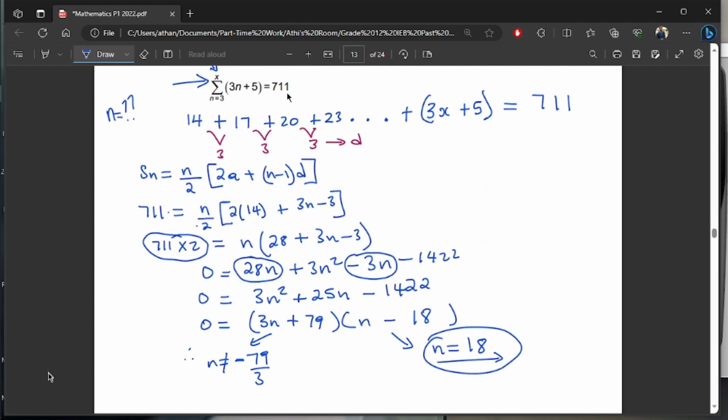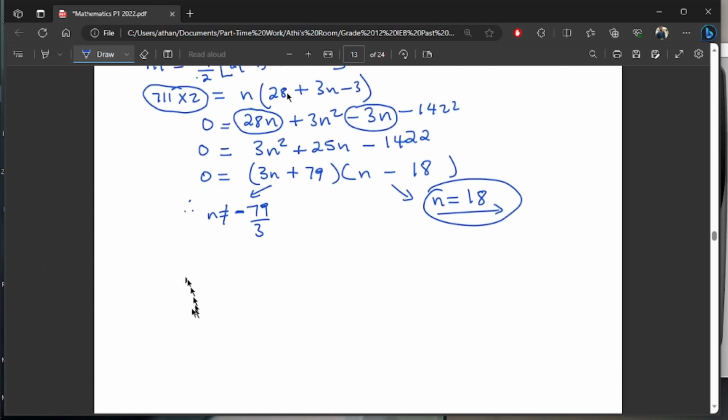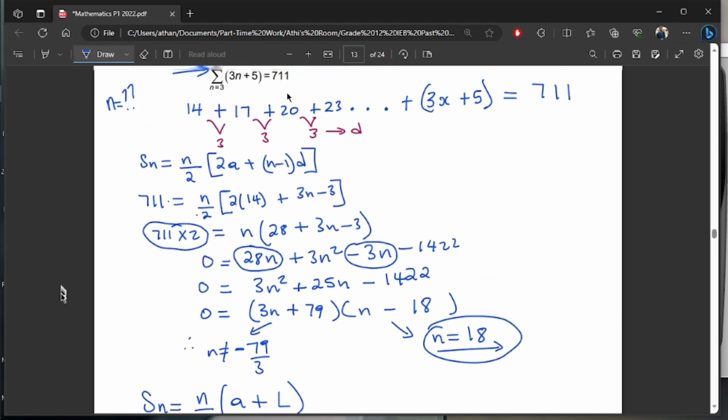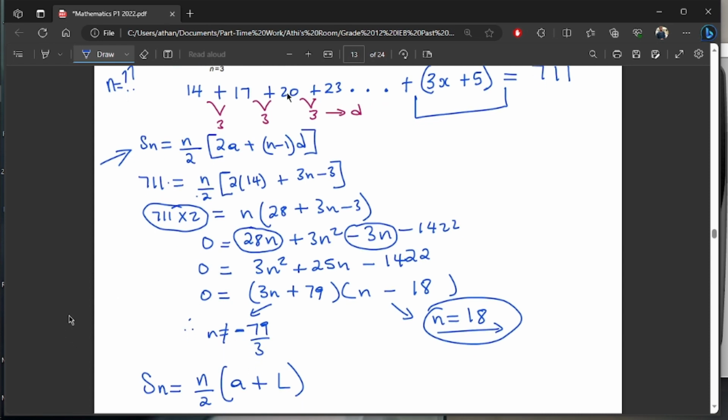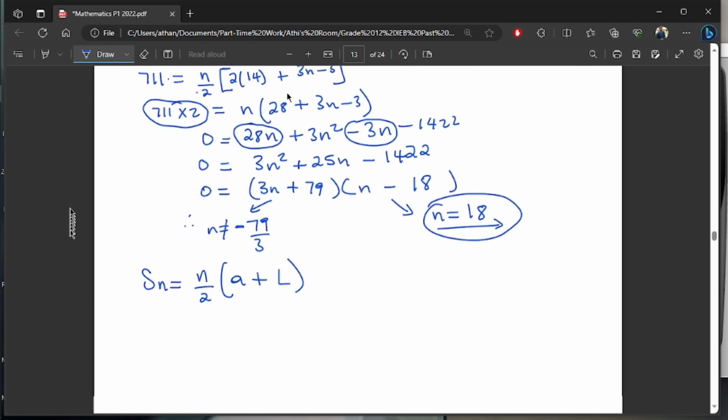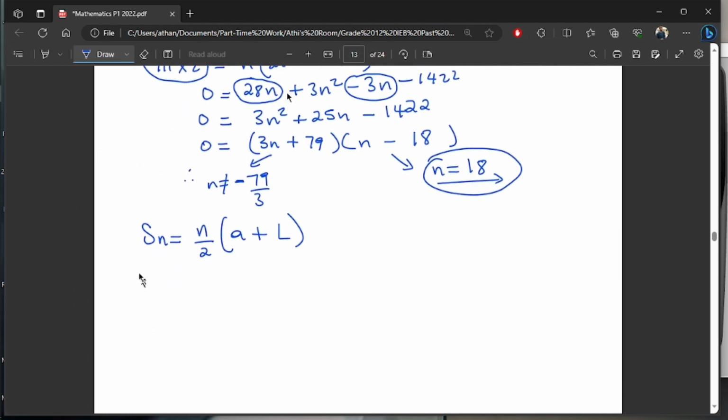Now, I'm going to go straight to the formula which says Sn is equal to n over 2 bracket a plus l. Basically, it's the same formula as before, just that now, since I know my last term is 3x plus 5, I'm going to substitute it in the value of l, and a is 14, and now we know how many terms we have.